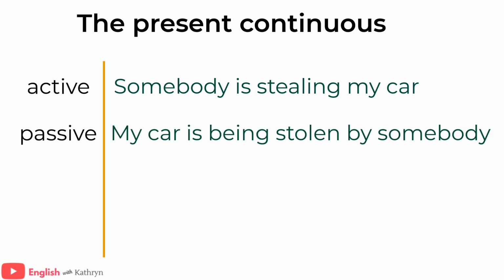So it's my car is being stolen by somebody. So we put the verb to be in the ing form, the present continuous or progressive form. And we have the past participle as well. Okay, I hope you're getting the hang of it.